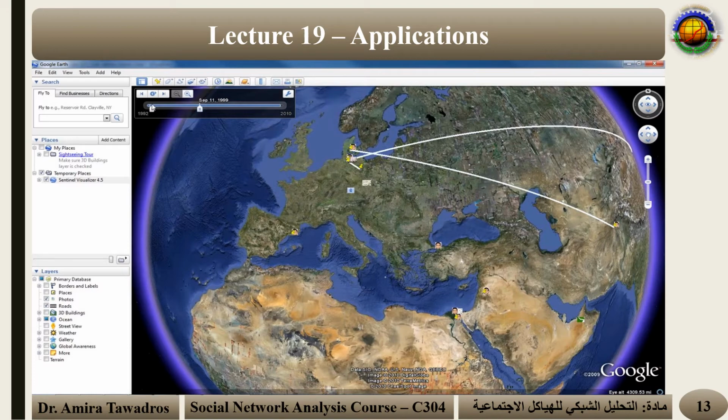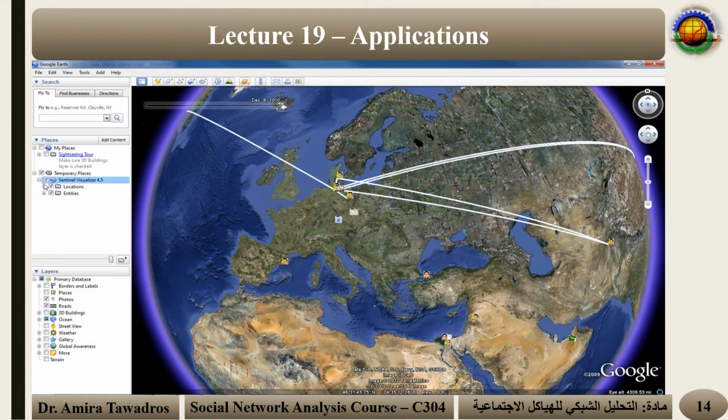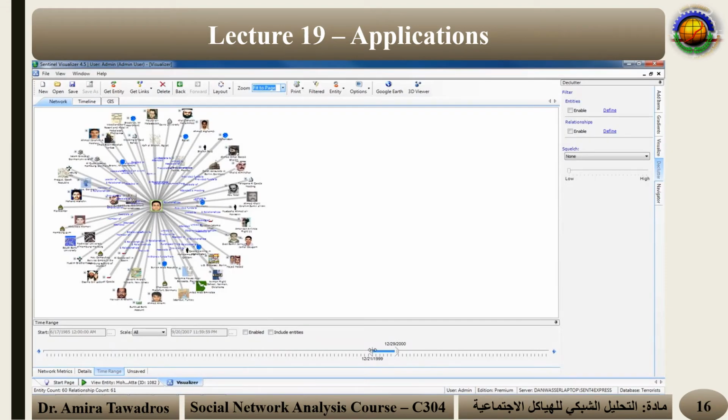If I use this timeline here, I can actually see movements around the globe of this person. I can also expand the entire timeline to see all the places he visited. I can even expand it over here at the left-hand side and click on those different locations. Now let's get back to Sentinel.